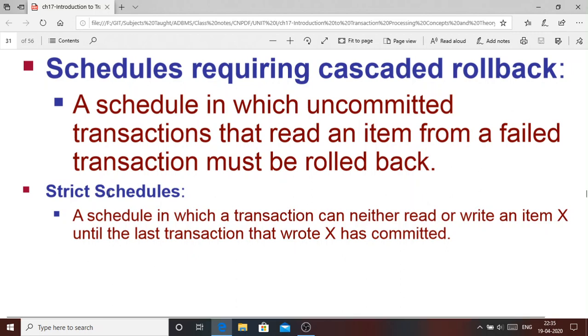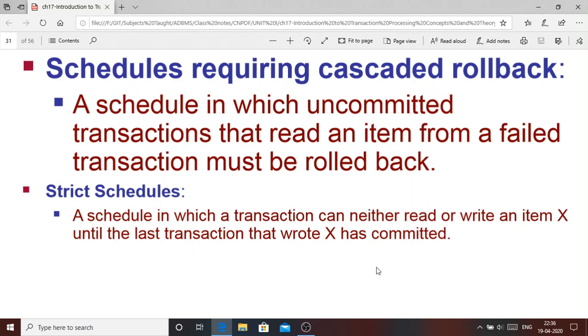A very particular kind of schedule is called a strict schedule. It is just a stricter version of the earlier cascadeless schedule that we have discussed. That is, a transaction is not allowed to read or write an item X until the last transaction that wrote X has committed.